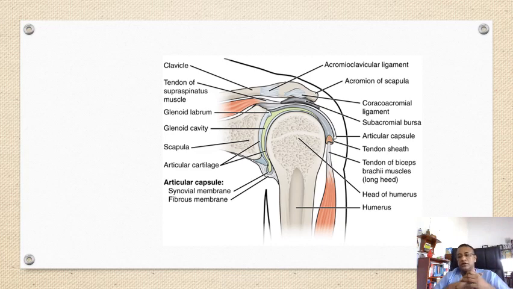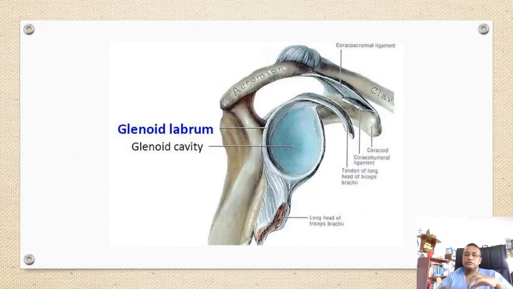There are four rotator cuff muscles which support the shoulder joint: supraspinatus, infraspinatus, teres minor, and subscapularis.